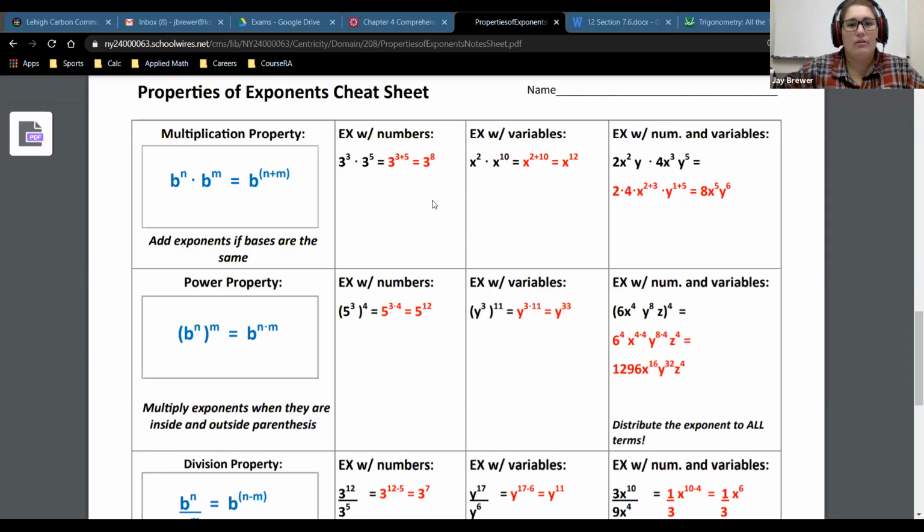Now, what they're not showing you here is that with the numbers only, you can go ahead and evaluate that. So if you wrote down 3 to the 8th and that was your last answer, that's fine. The program will more than likely accept it. If you were one of the ones that chose to do this on your calculator, then you would actually find an evaluation number for that, which don't ask me what it is right now.